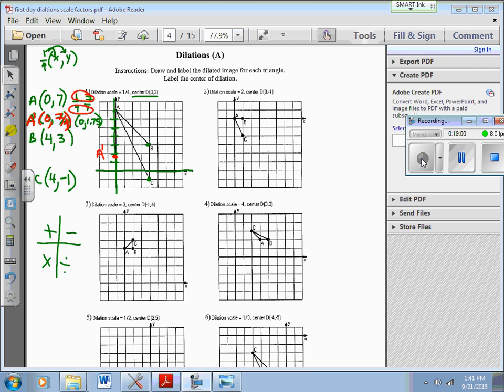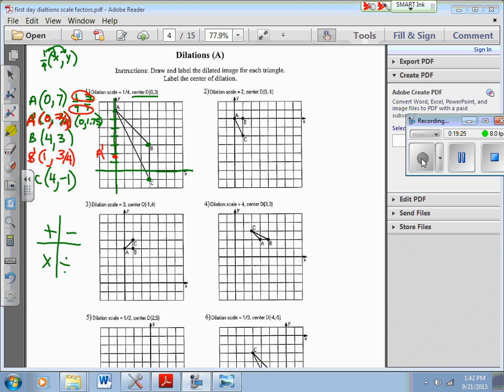Okay, so for the multiplication of 1/4 times 4, does everybody understand that 1/4, when you multiply it by 4, will give you 4/4, which is 1? And then 3, when you multiply it by 1/4, will give you 3/4.